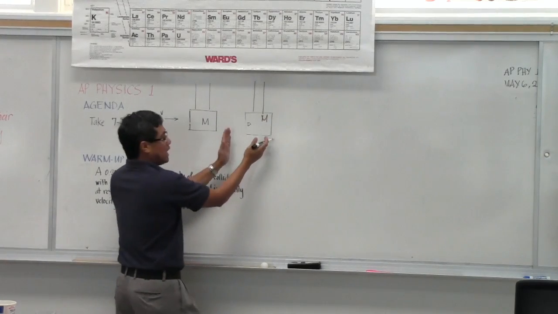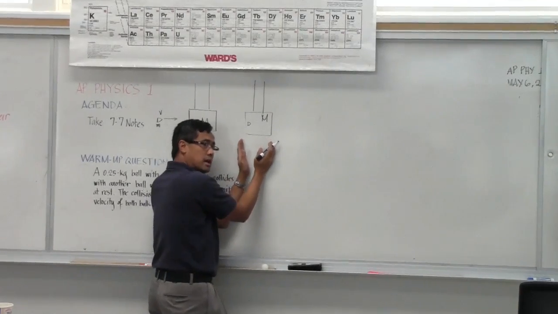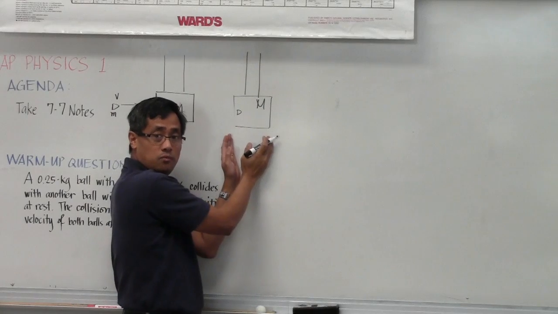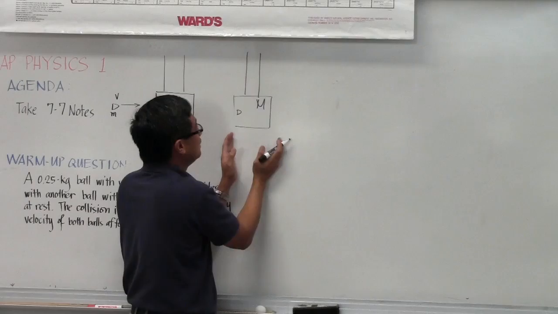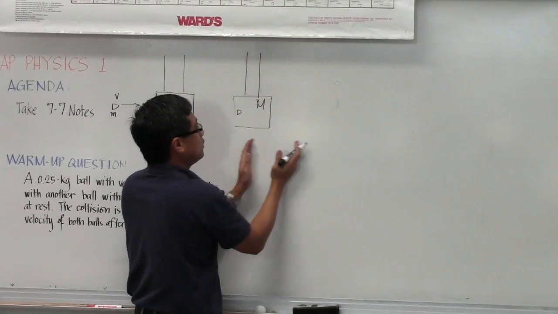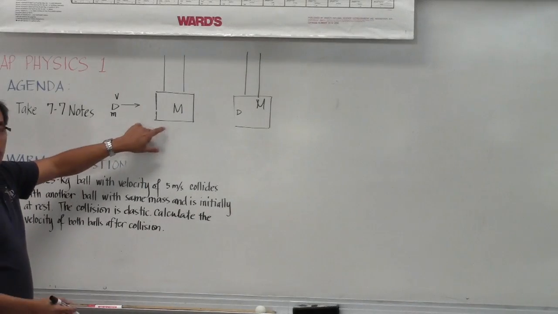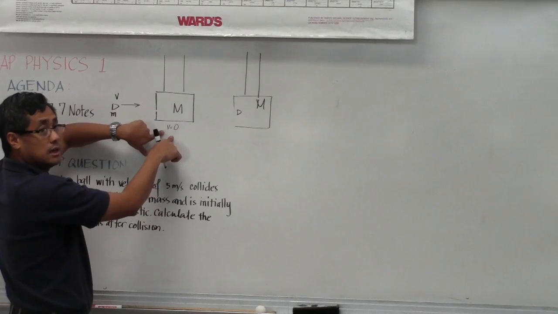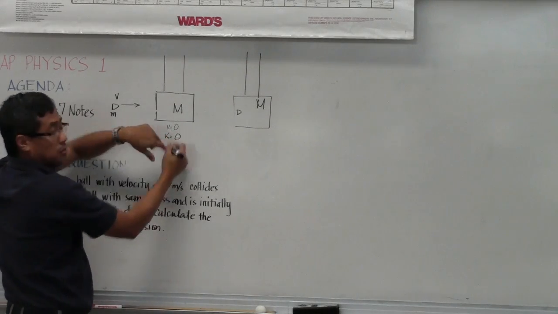What do you think will now happen to this block of wood? It will start to move forward, initially to the right, but since it's tied, it will go up. Here its velocity is 0. So what is its kinetic energy, the block of wood? It's 0.